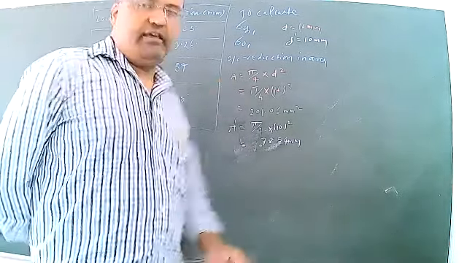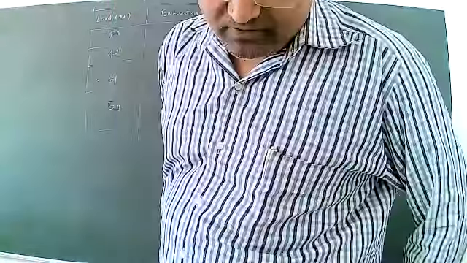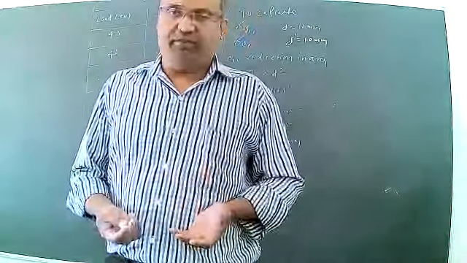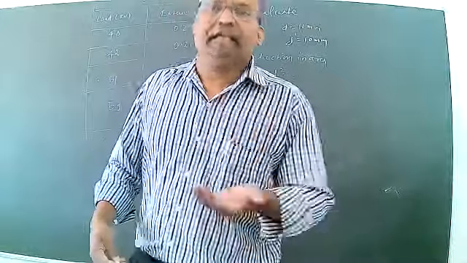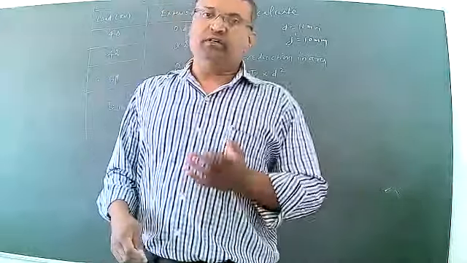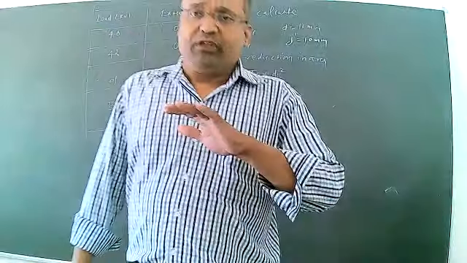Here A is the original area of the specimen. If the diameter of the specimen is given, you can easily calculate the area of the original specimen.